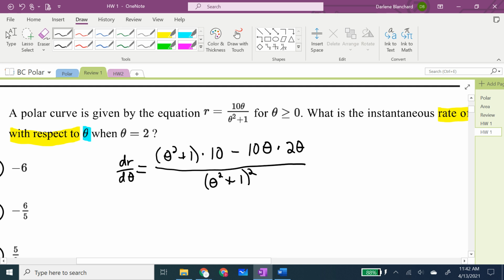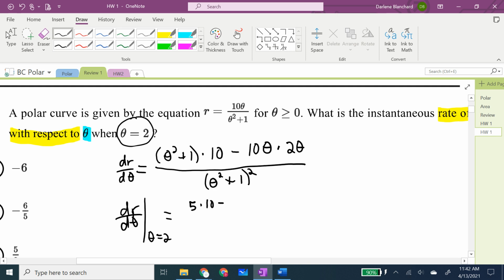Now it wants the instantaneous rate of change when theta is 2. So now I need to plug 2 into all my thetas. Plugging 2 into theta squared plus 1 gives me 5.